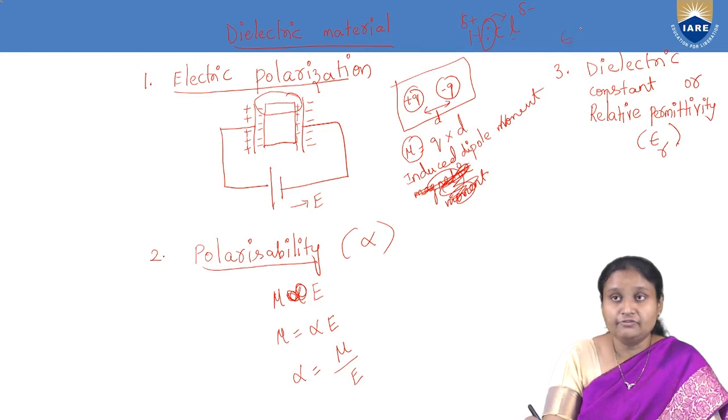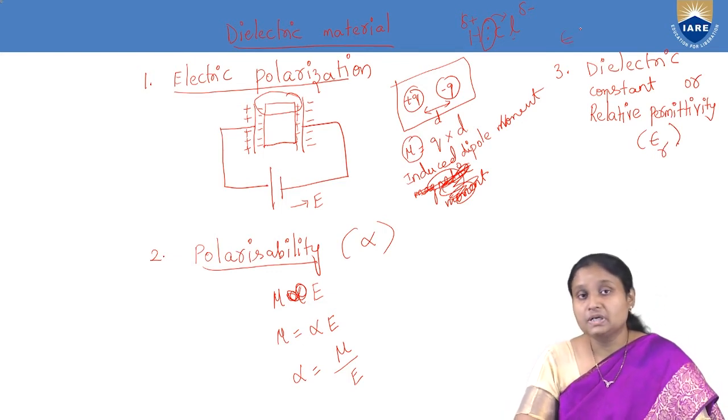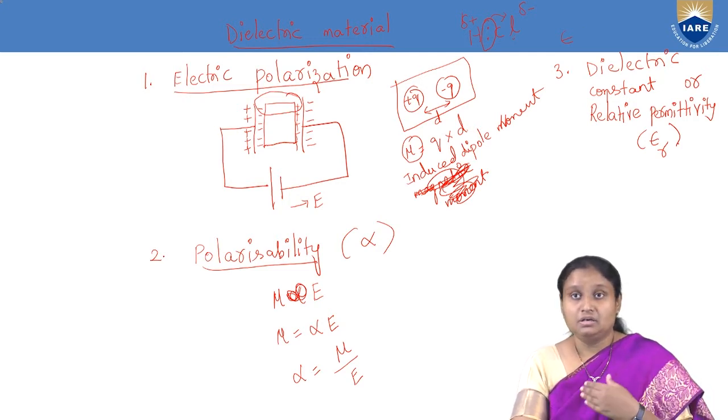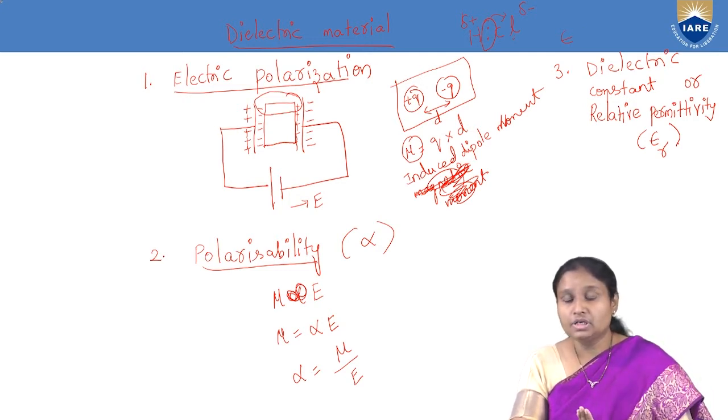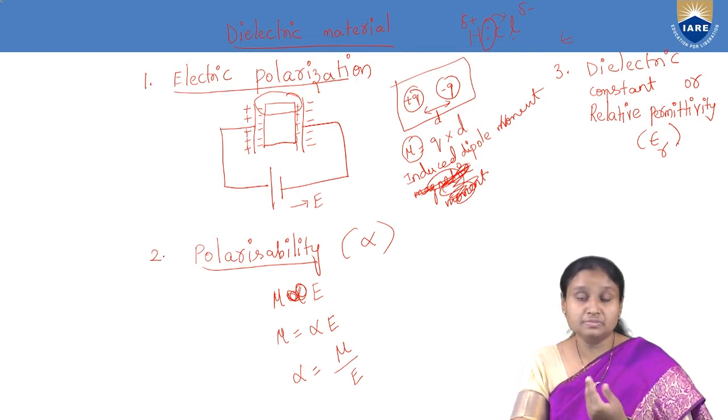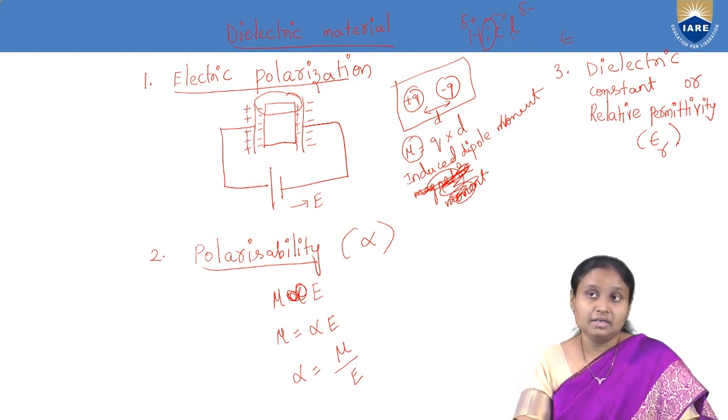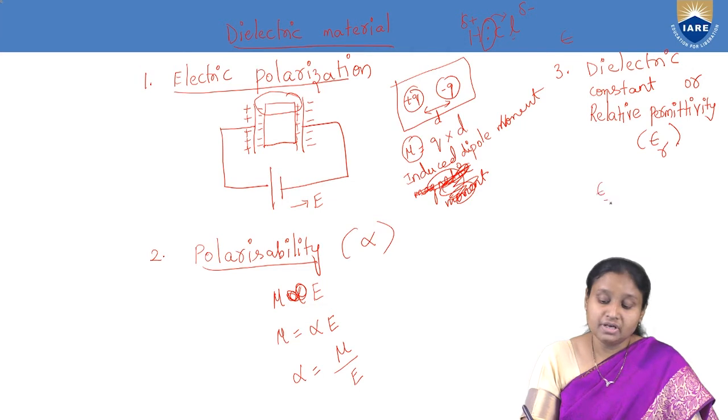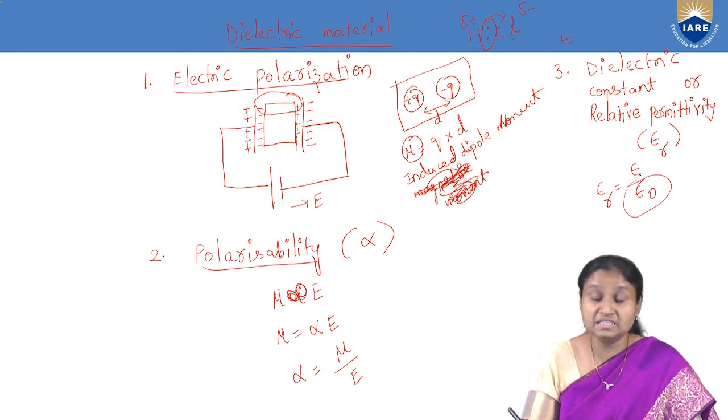Actually epsilon defines permittivity. Permittivity is the extent to which electric dipoles are formed, or it indicates the easily polarizable nature of a dielectric material. The dielectric constant is defined as the ratio of the permittivity of the medium to the permittivity of free space.